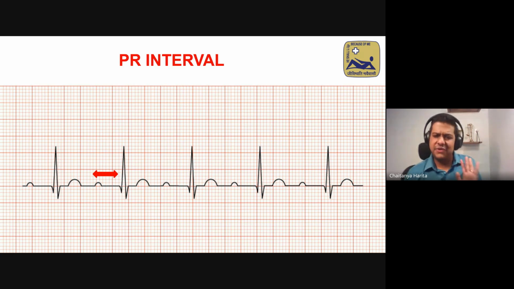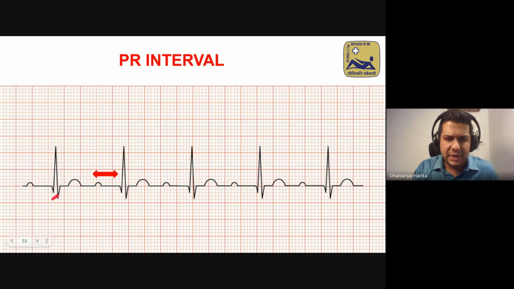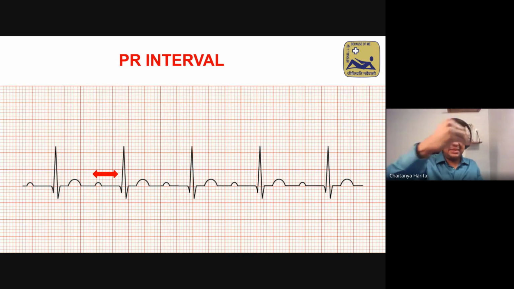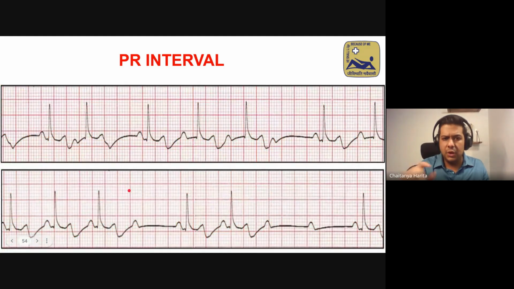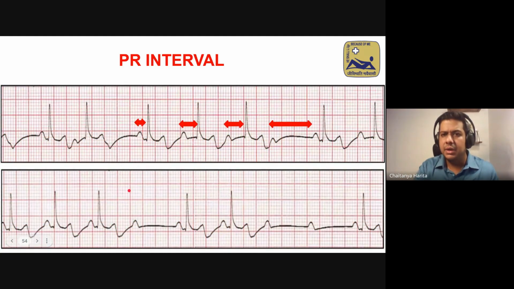But now it should not be more than 5 small boxes. So if you look at it in this space, it is approximately 7 to 8 boxes. So this is a prolonged PR interval, which means there's some problem in conducting from SA node to AV node and from AV node to the bundle of His. That gives you that impression. So if you look at this particular slide which I've shown you, you will see that the PR interval in successive beats is changing.